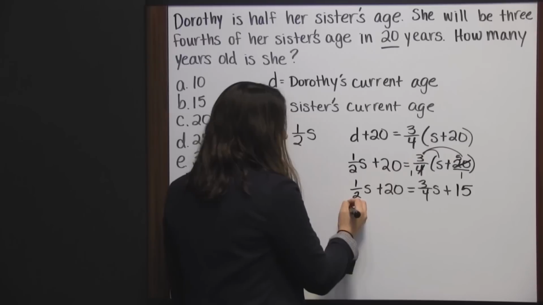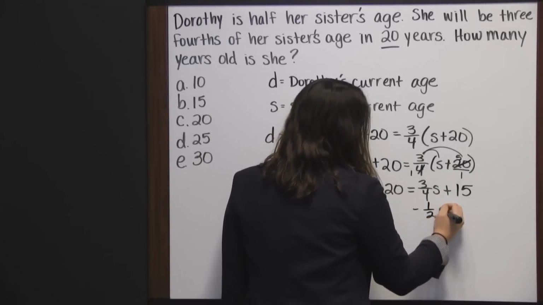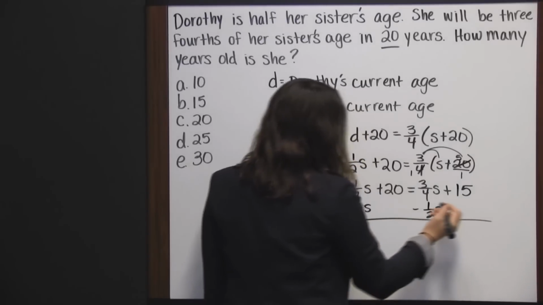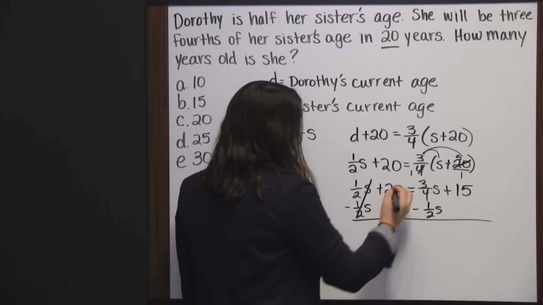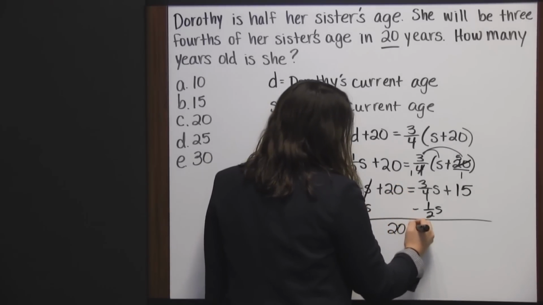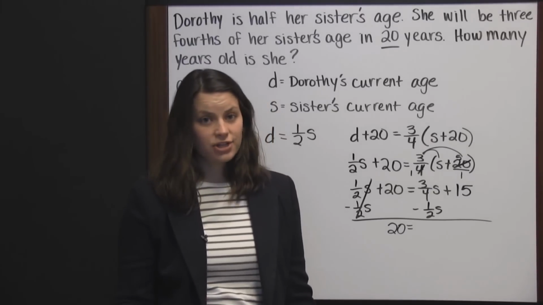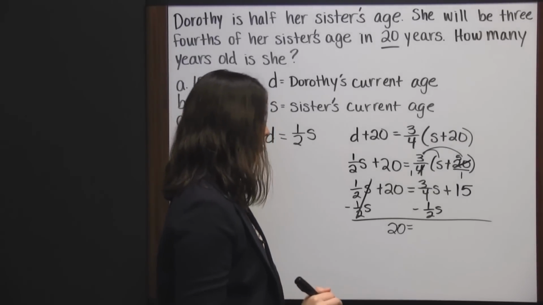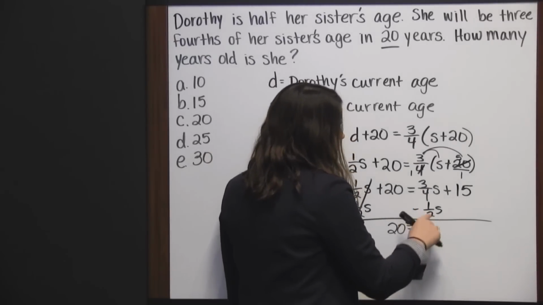So to do that, I'm going to subtract 1/2 S from both sides. 1/2 S minus 1/2 S is 0. I'm going to bring down 20, and that equals. Now, to subtract fractions, I have to have common denominators. So 1/2 is also 2/4.